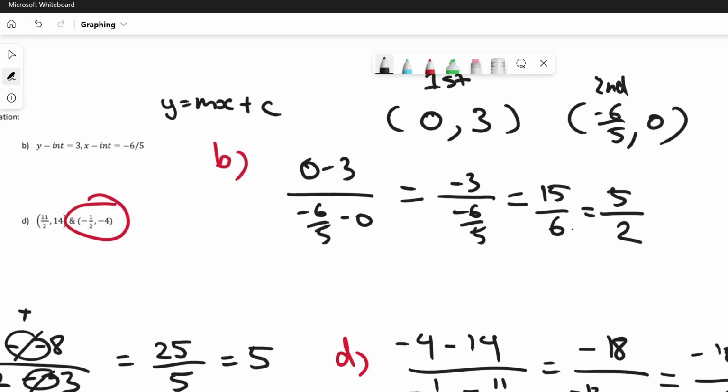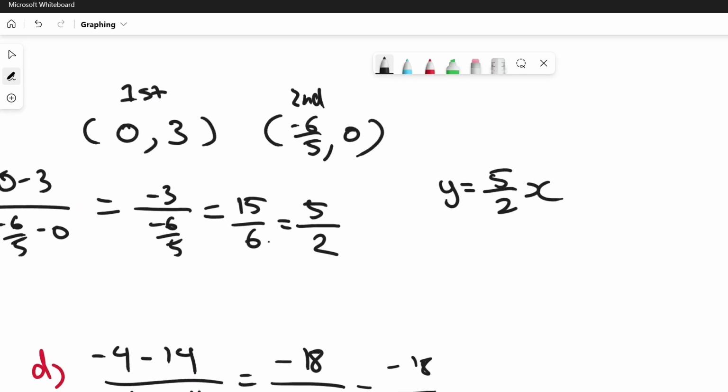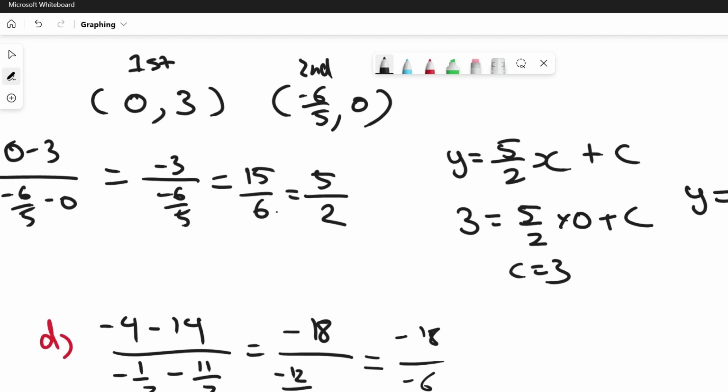So again, we have y equals 5 on 2x plus c. We'll sub in the first one because it's a bit easier. We know x is 0 and y is 3. Equals 5 on 2 times 0 plus c. C is just 3. So then we put it back into the line equation, and we've got y equals 5 on 2x plus 3.